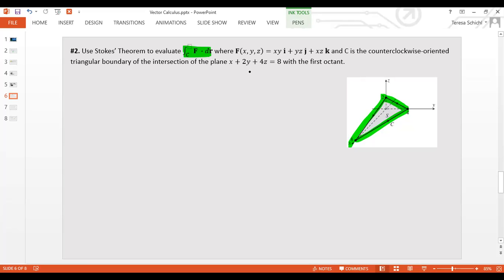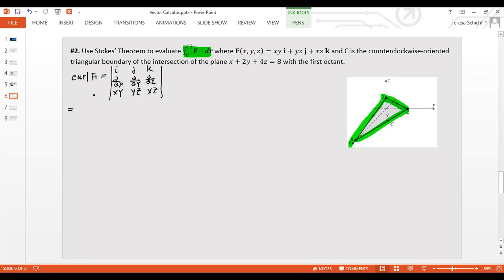Now let's see, maybe I can use Stokes' theorem to find a surface integral. For the curl of F, I need to do this i, j, k determinant again, with partial x, partial y, partial z in the first row, then x, y, y, z, and x, z.